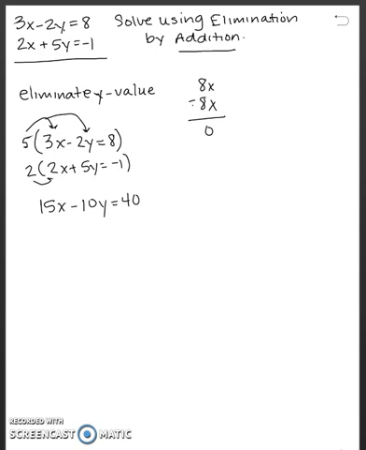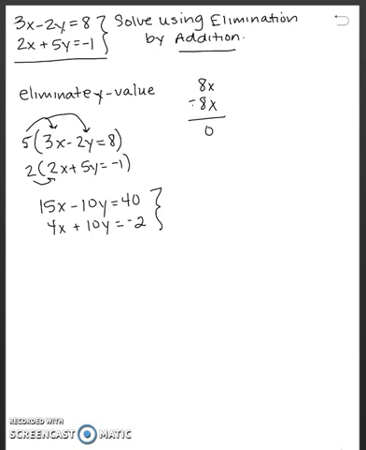And if I distribute the 2 through the second equation, I have an equivalent equation of 4x plus 10y is equal to negative 2. So remember, these two equations are equivalent to the original two equations in the system. I haven't changed anything. I'm still working with the same two lines.